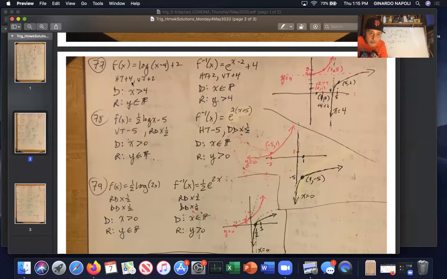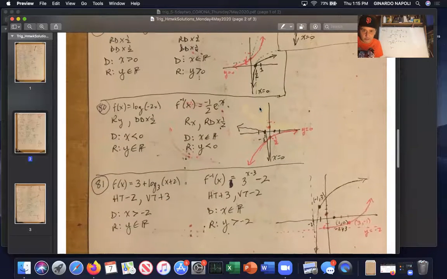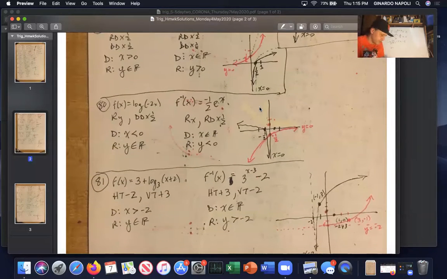And notice this kind of switches. The horizontal translation plus 4 becomes vertical translation plus 4 when you switch to the exponential, because again, these are inverses.